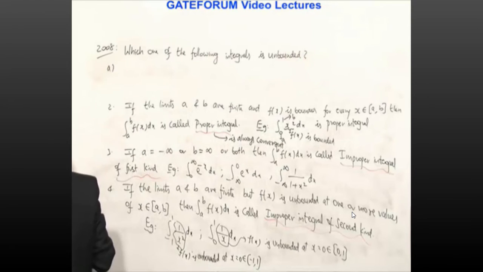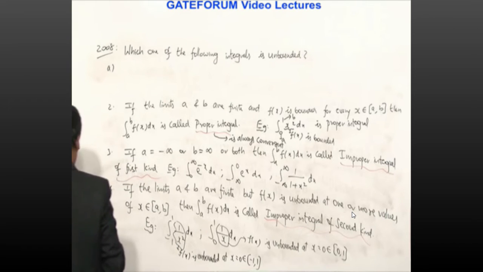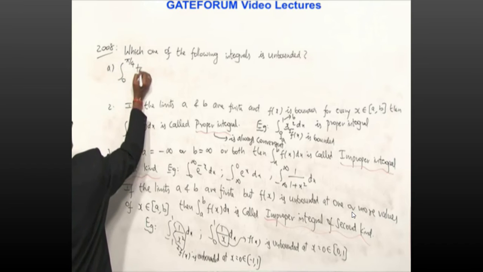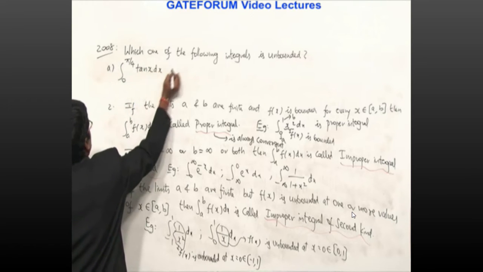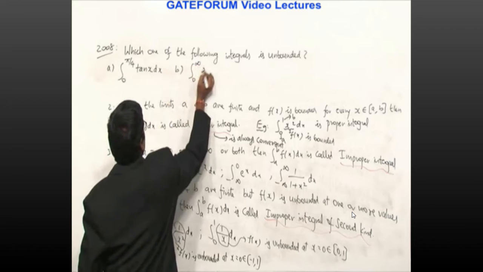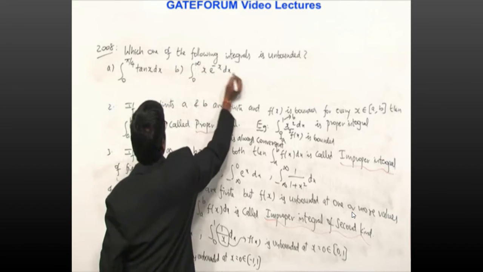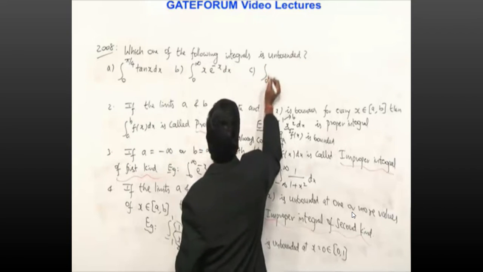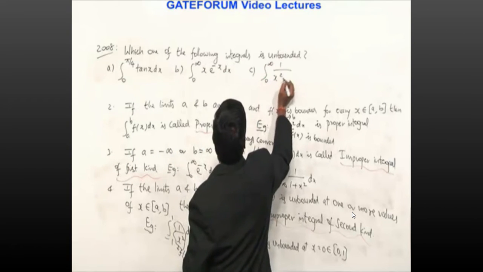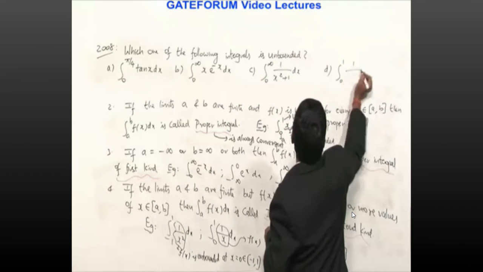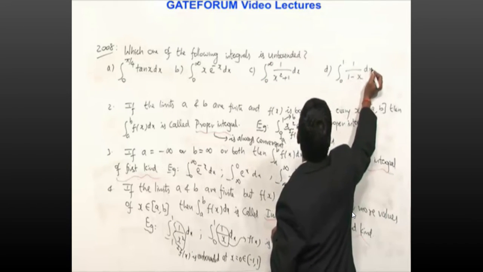A, integral 0 to pi by 4 tan x dx. B, 0 to infinity x into e to the power minus x dx. C, integral 0 to infinity 1 by x square plus 1 dx. D, integral 0 to 1 by 1 minus x dx.